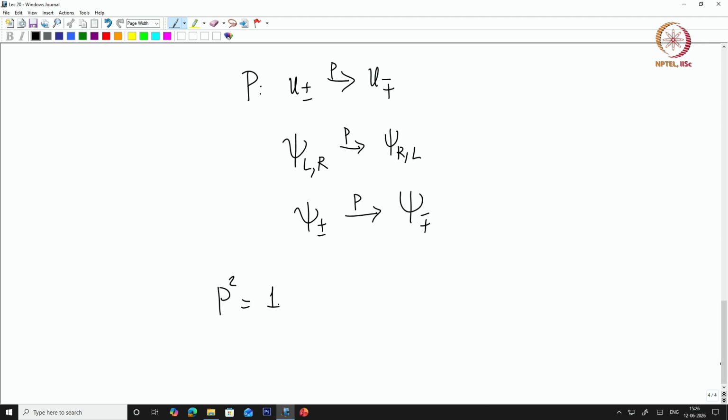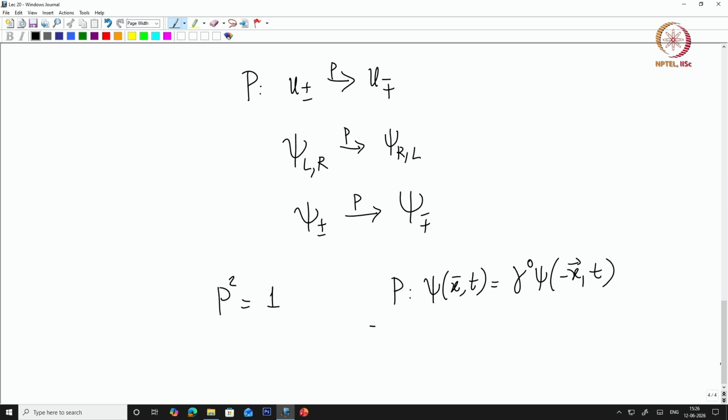Given this transformation, P squared is equal to 1, and then you see that parity is P psi of x, t is equal to gamma 0 psi of minus x, t.